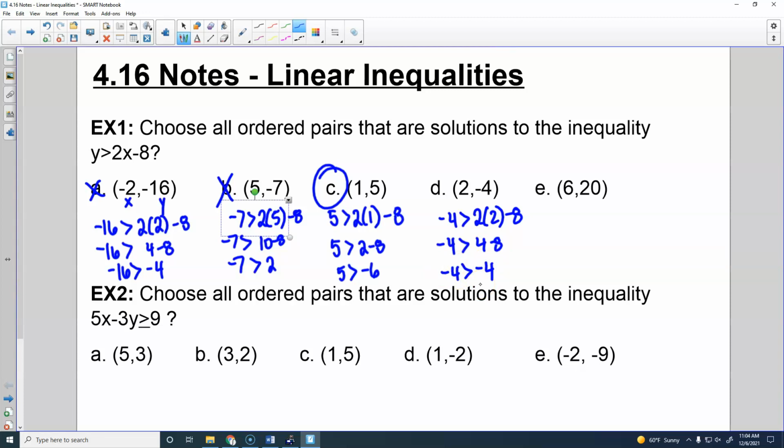What if this was a greater than or equal to sign? Then it would be true, because if they're equal, it's true. But this is just a greater than sign, so D is not it. And then finally, we'd have 20 is greater than 2 times 6 minus 8. So 20 is greater than 12 minus 8. So 20 is greater than 4. Is that true? Yes. So C and E are both answers for this one.